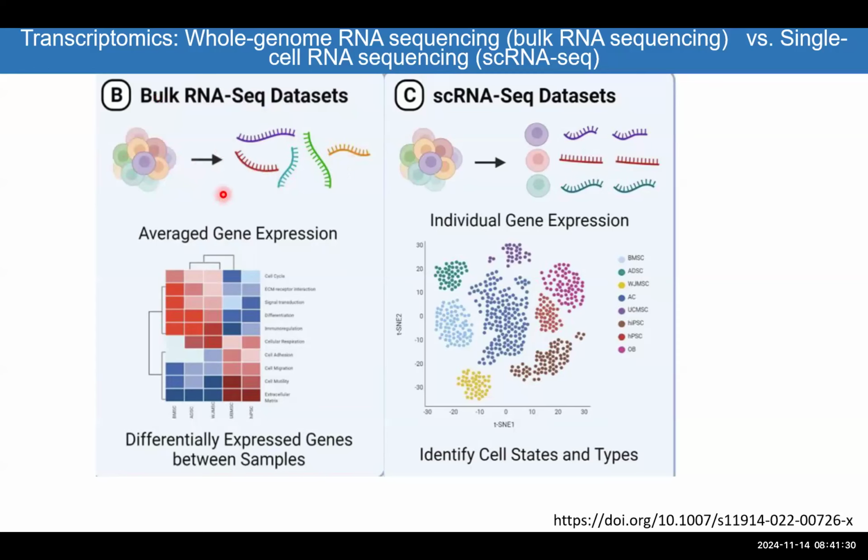Therefore, for this red transcript, you will get the average from all the cells. Maybe there are 5 red transcripts from this cell, 2 from that cell, 15 from that cell. So we get an average from the whole cells together from one tissue compared to the other tissue, which is not presented here, whether healthy or tumor.